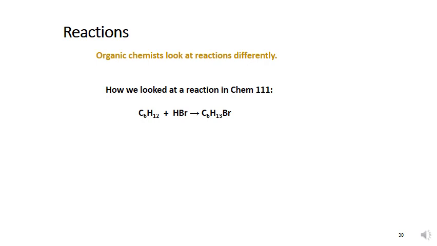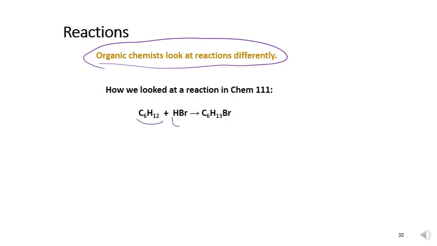Okay, so we've got the naming and we've identified isomerization, and we also now have to talk about reactions. And the key to this is that organic chemists look at reactions very differently than the way you've been looking at reactions all along. In the past, we'd say this stuff reacts with this stuff to make this new stuff, and that would be it. You'd try to balance things, and then you'd look at multiple ratios and figure out how much you started with and how much you could make and all the rest.